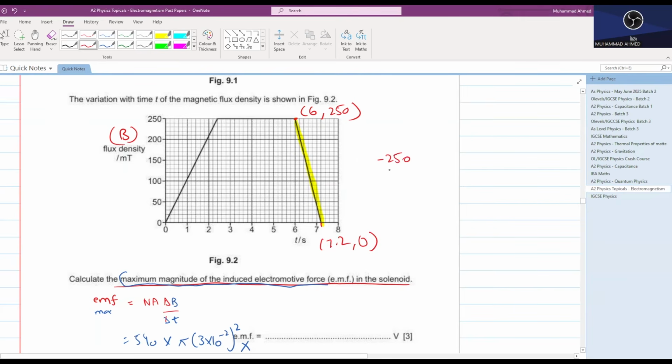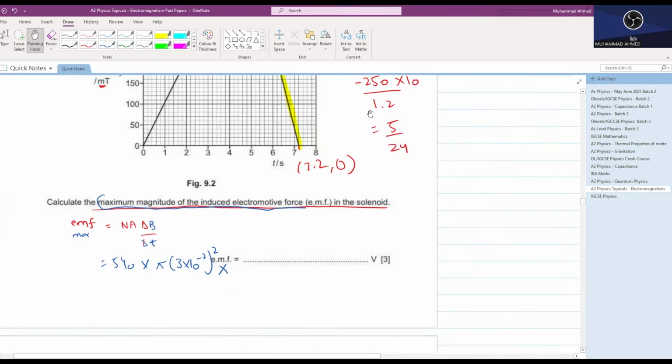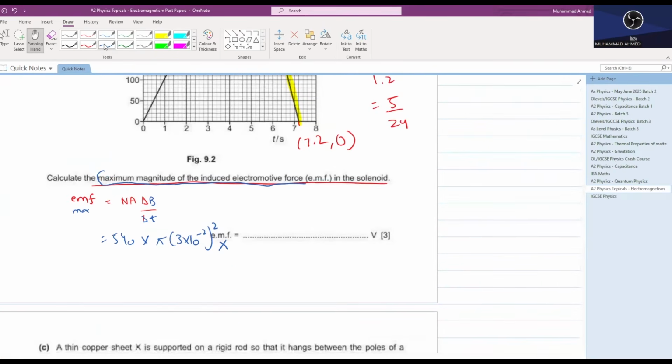Yes, minus 250 divided by 1.2 into 10 to the power of minus 3 on the y values, because we have millitesla. The gradient comes out to be 5 divided by 24. Either you include the minus sign or exclude it, it doesn't matter.